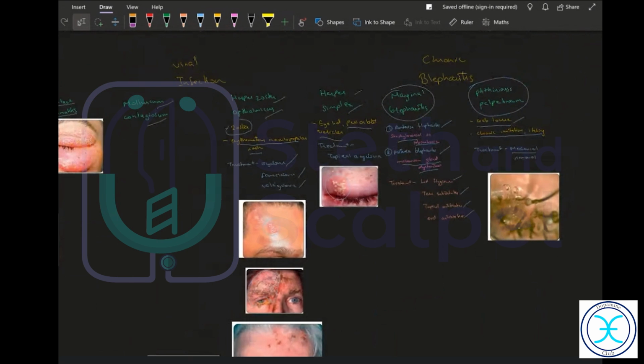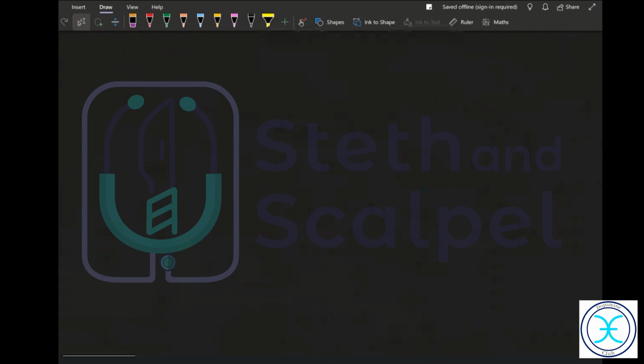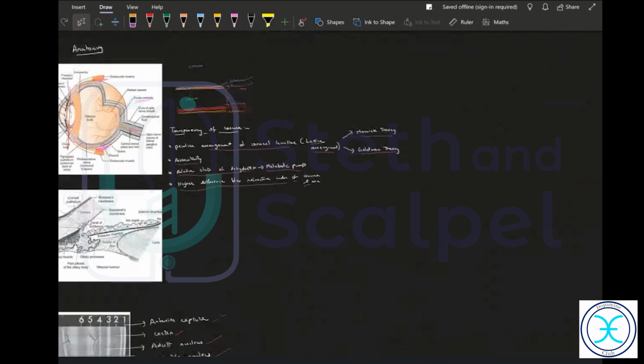So eyelids, eyelashes, conjunctiva, cornea are so far covered. Sclera was also done. So, the anterior chamber. What are the various things which can collect in the anterior chamber? Inflammatory cells.